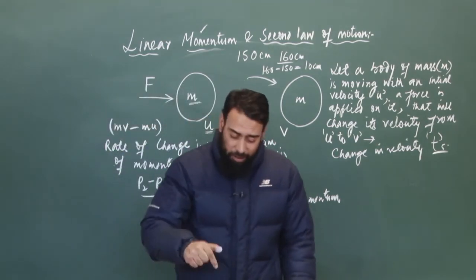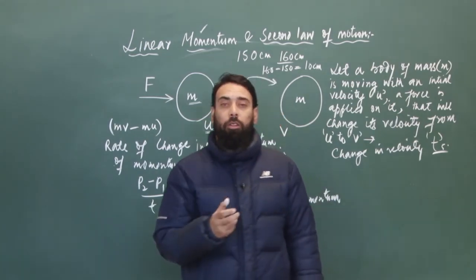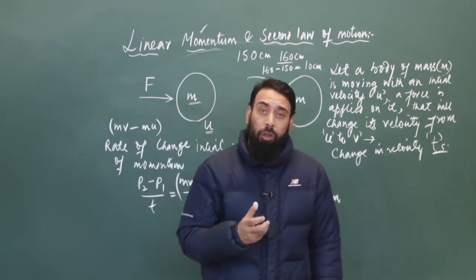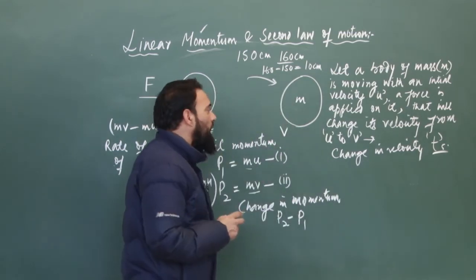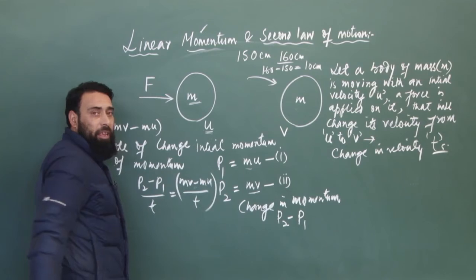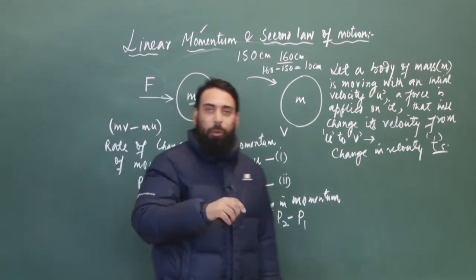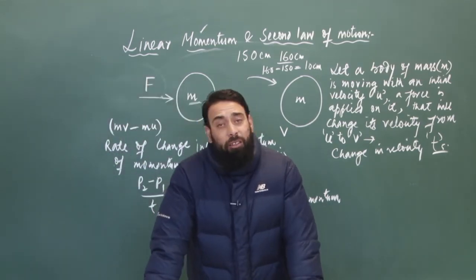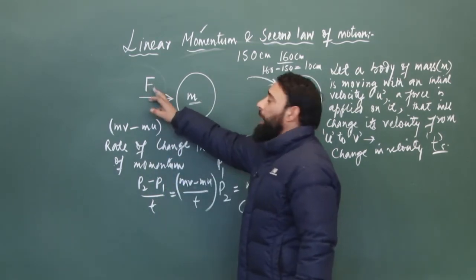And here now we can explain and take the statement of the second law of motion. Newton says in his second law of motion that the rate of change of momentum of a body is directly proportional to the force. So the rate at which the momentum of a body is changing is decided by this force.